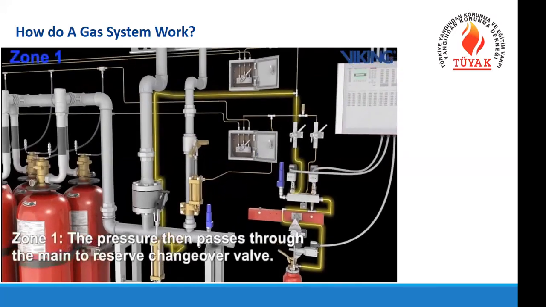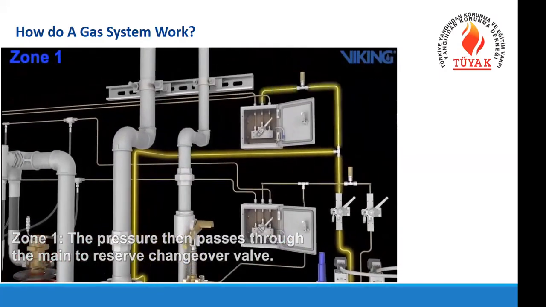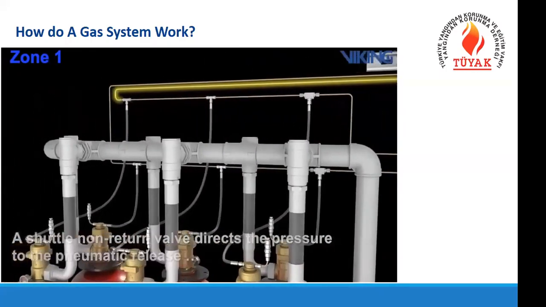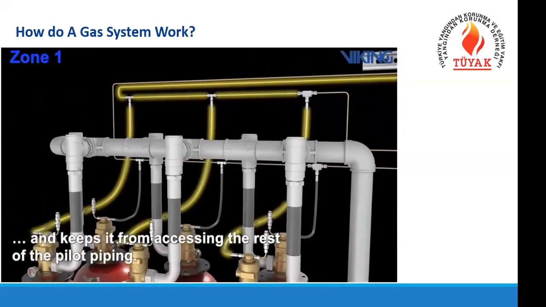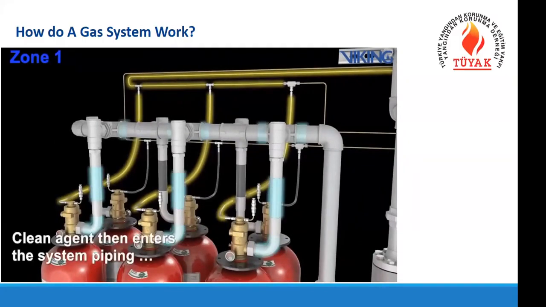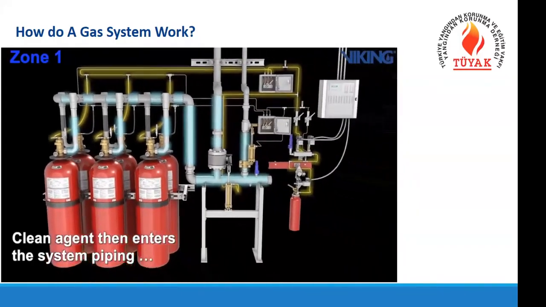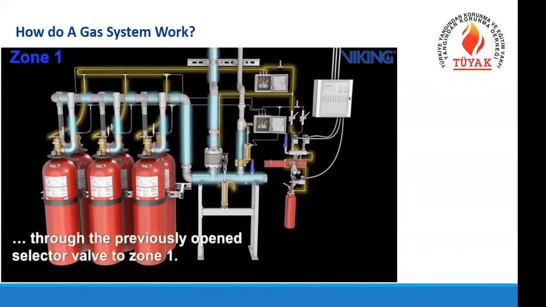When the zone 1 valve opens, the gas from the system is actuated by another pilot system, and it discharges just the necessary amount of gas from the necessary number of cylinders. These are the main cylinders for the bigger room, zone 1, and the gas is going to zone 1.